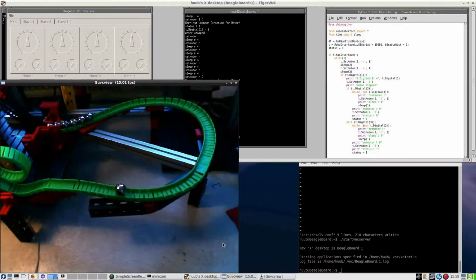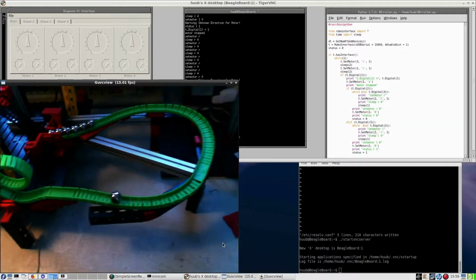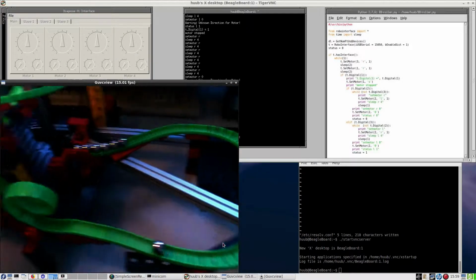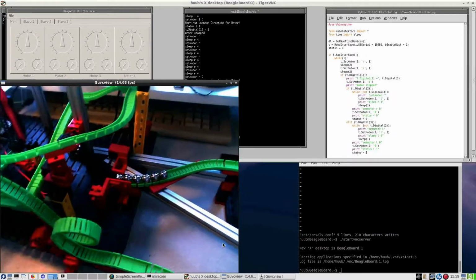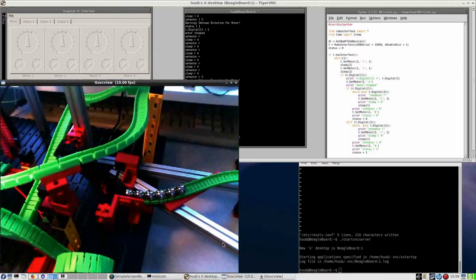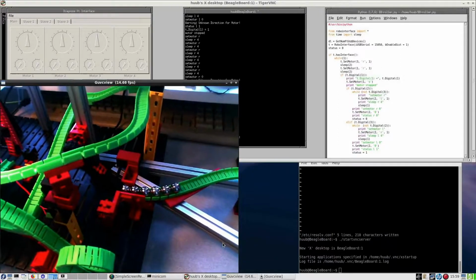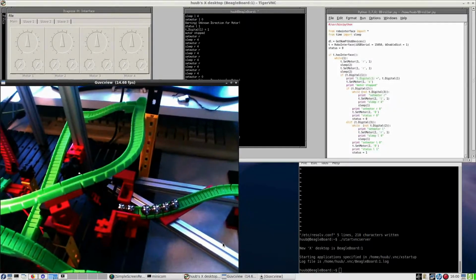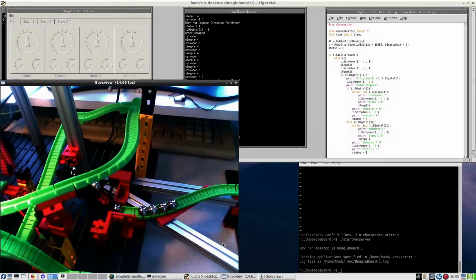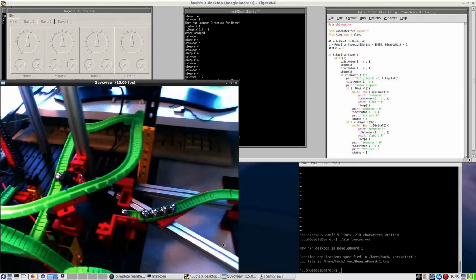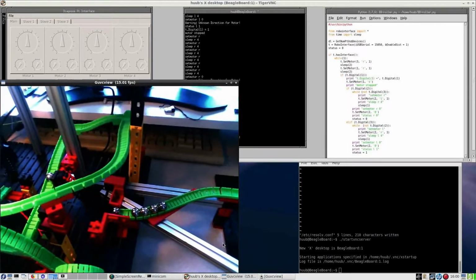And here one is stalling on the right, in the wrong place. So I'm manually helping. Look what's happening here. Being picked up, stalling again, and taken.